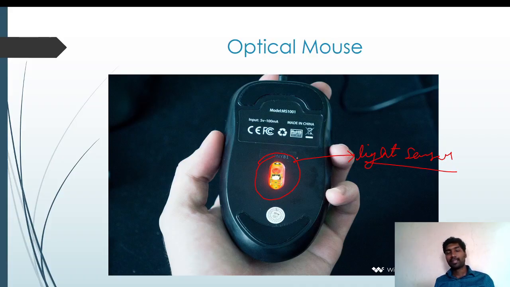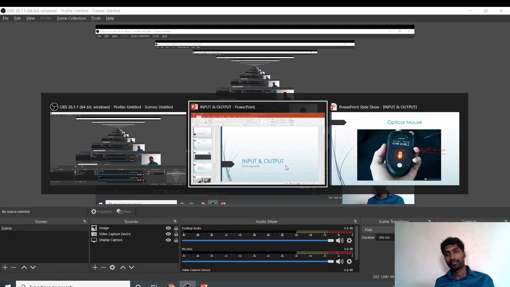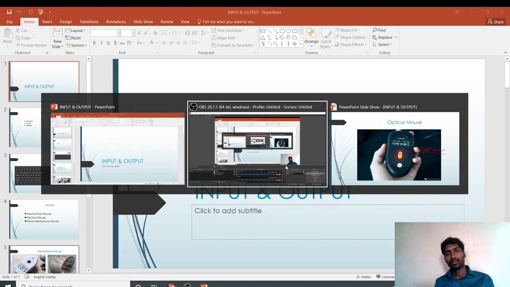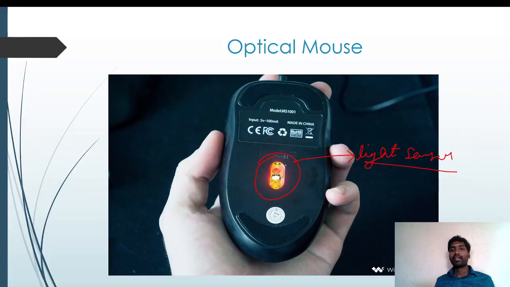Based on this light sensor, our mouse cursor will move on the screen. Based on this movement we can see the mouse cursor movement on the screen. These are the three types of mouse available.